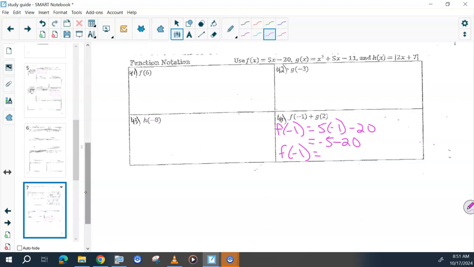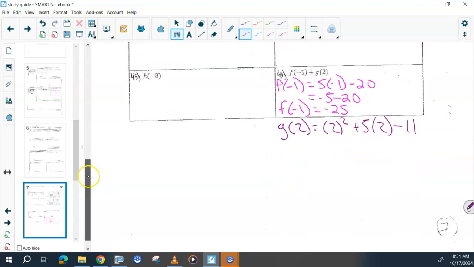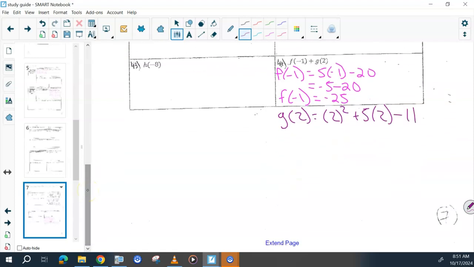So f of negative 1 would be negative 25. Then we're going to do the same thing for g, but we're going to use g's equation. G of 2 equals 2 squared plus 5 times 2 minus 11. And then figure out what that is.